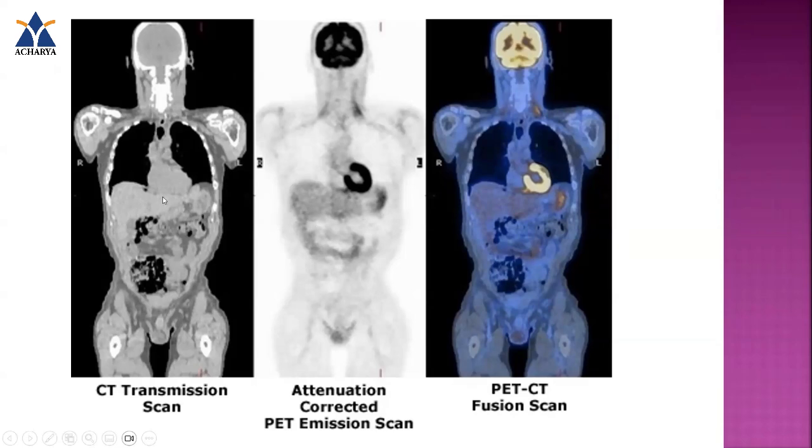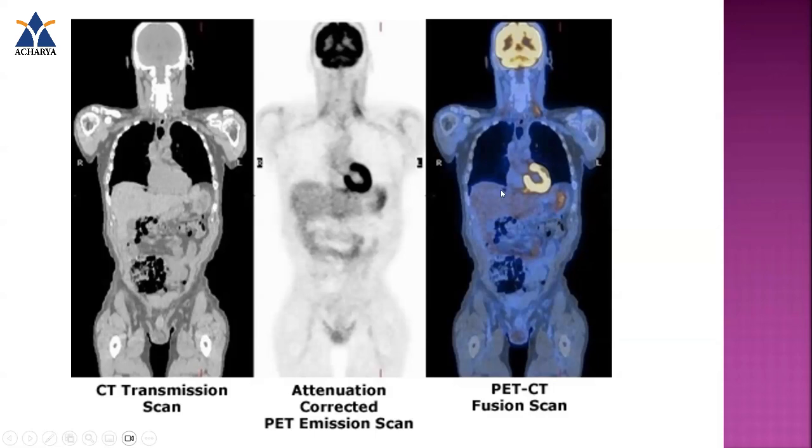By fusing the CT image with the PET image, we get a new image which shows the structure as well as the function or metabolism.